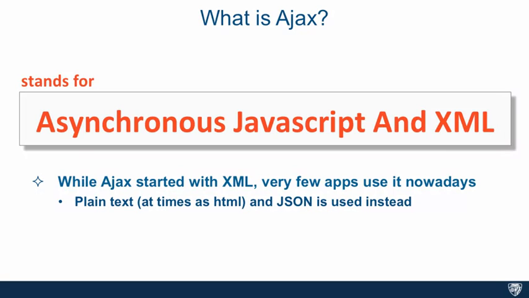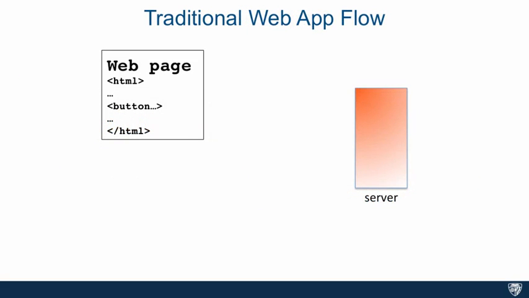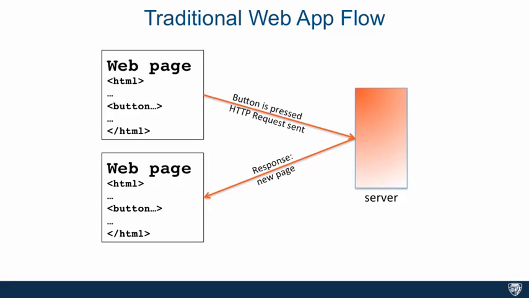Now, why does Ajax exist to begin with? Well, we can answer that question by taking a look at how traditional web applications worked and what their flow was like. The traditional web application started with a web page, and usually a user is going to press a button and that is going to generate an HTTP request that is going to be sent to the server. And the server is going to respond with some response, which is going to be a whole new page.